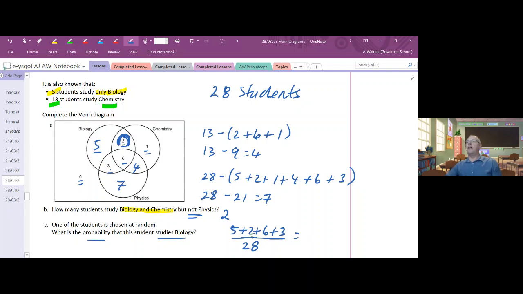So I've got 7 and 6 is 13, 16. So I've got 16 pupils who study biology, everyone inside the biology circle, over 28. Okay, so be very, very careful not to fall into misreading it as I did. If you want to pause and look at that, pause and look at it now. I'm going to move on.